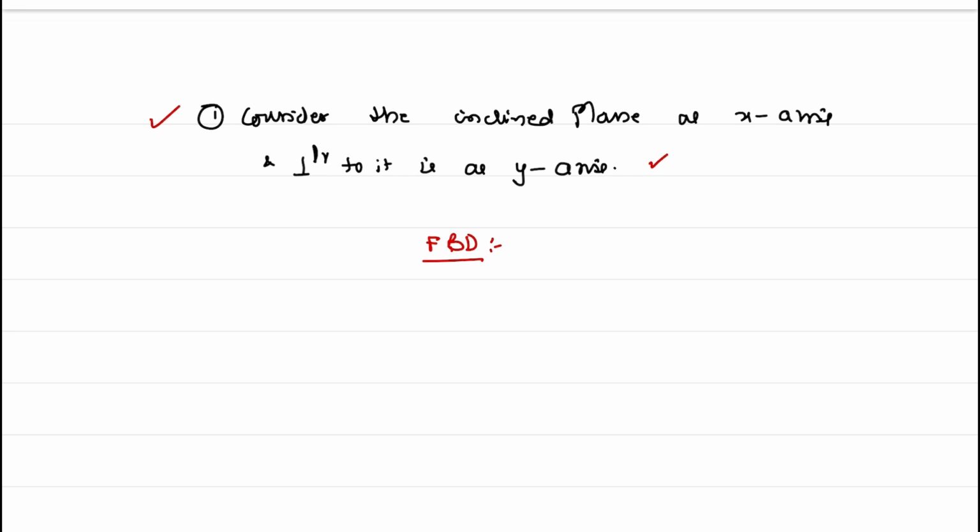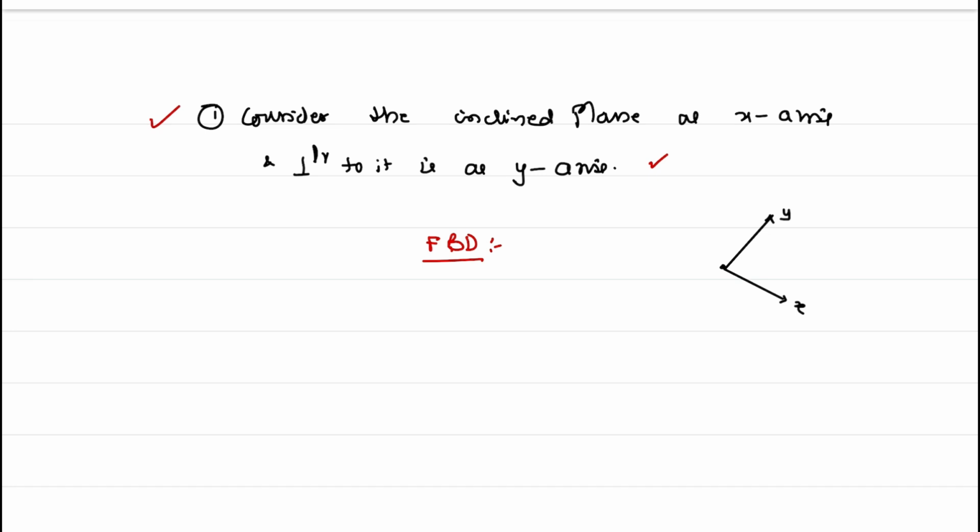You think of any frame, no problem. Free body diagram is a must. What is the free body diagram? When I consider this as my x-axis and this as my y-axis, the x-axis is along the inclined plane.